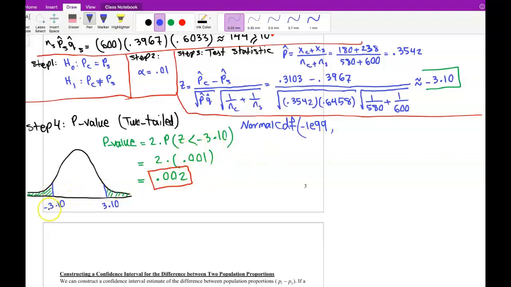Now going to the right, we have negative 3.10, comma, mean is 0, standard deviation 1. Then press enter. The answer is 0.00096767, so we can round it to 0.001.